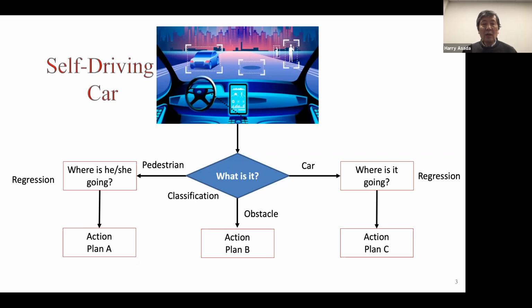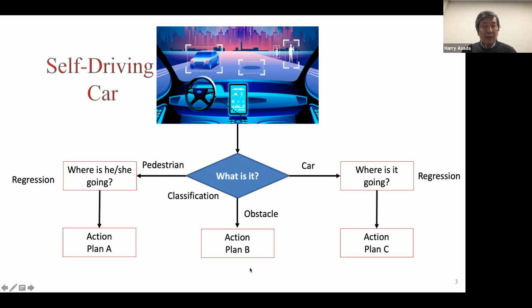The way your car reacts to these obstacles differs depending on what it is looking at. If it's a car, it takes certain behaviors, but if you find a pedestrian, it has to take a totally different mode of navigation policy. So the first thing is to classify what it is.